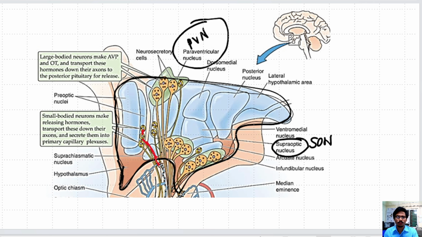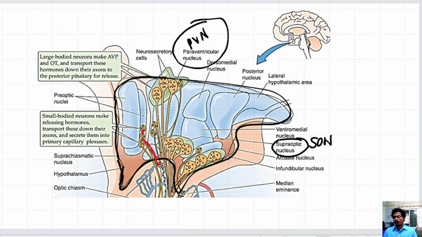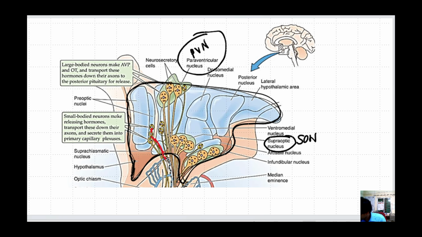These are the short neurons, and the large-bodied neurons, AVP and OT, transport this hormone down their axons to the posterior pituitary for release. So these are coming to the posterior pituitary region. So we know two or three things in that diagram. One, where the hypothalamus is in the forebrain region.